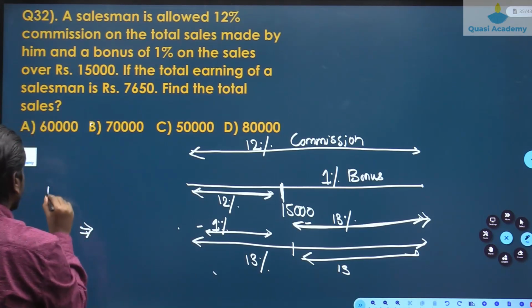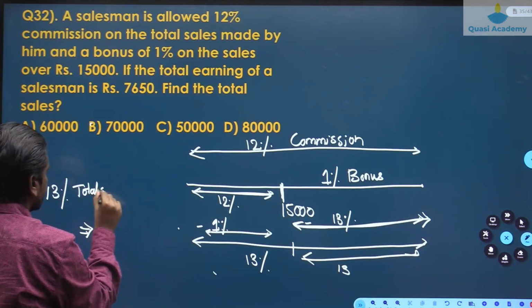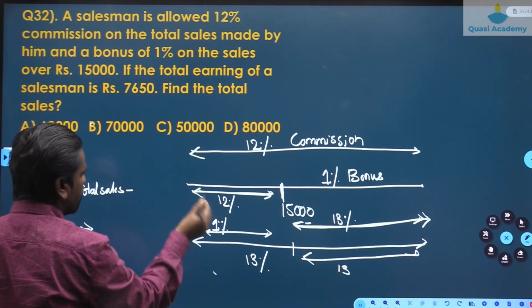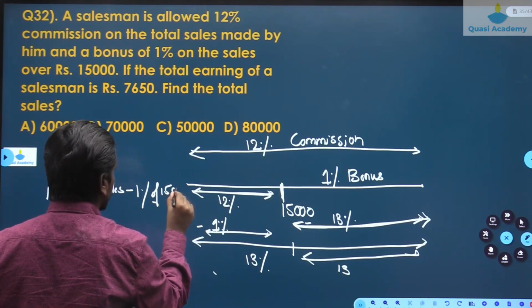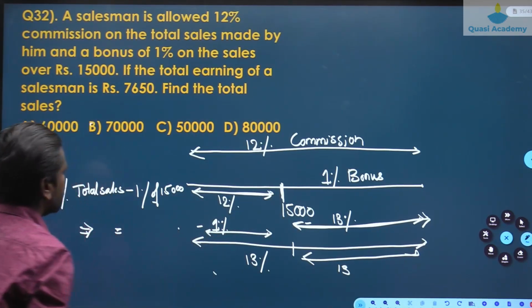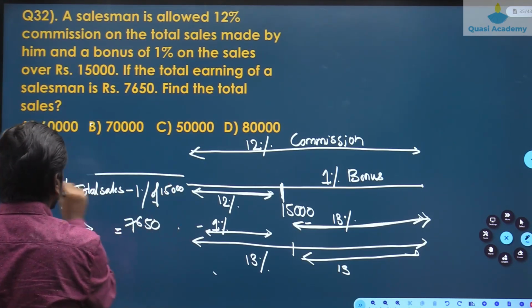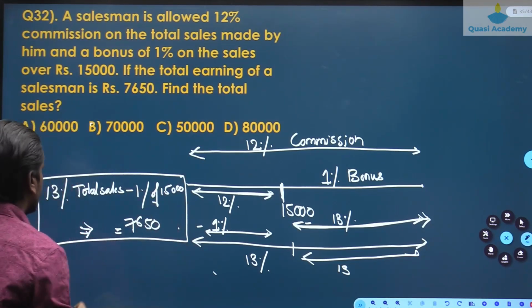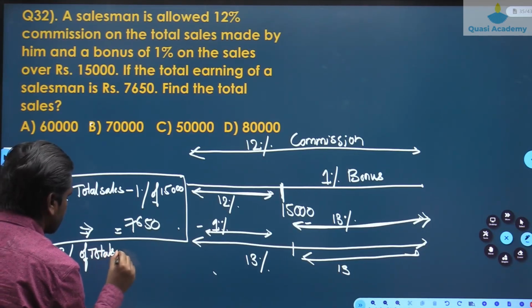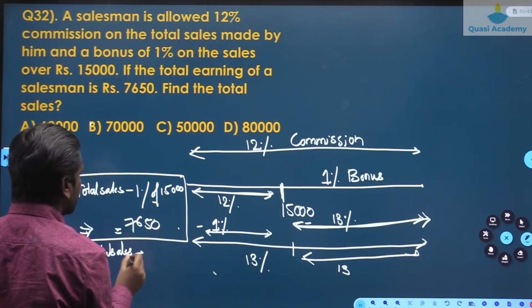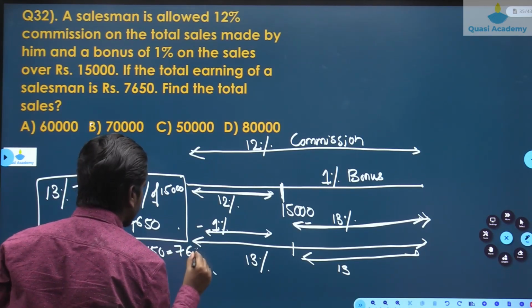So we can write 13% of total sales minus 1% of 15,000 is equal to 7,650. So 13% of total sales minus 150 is equal to 7,650.